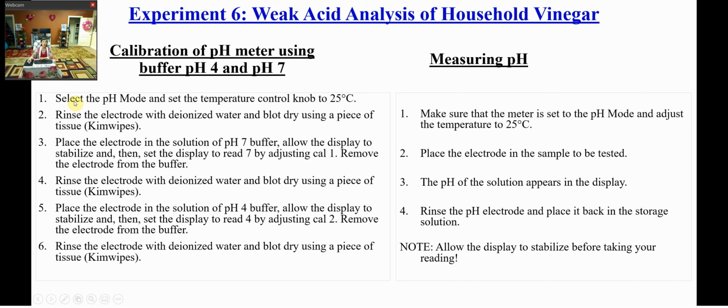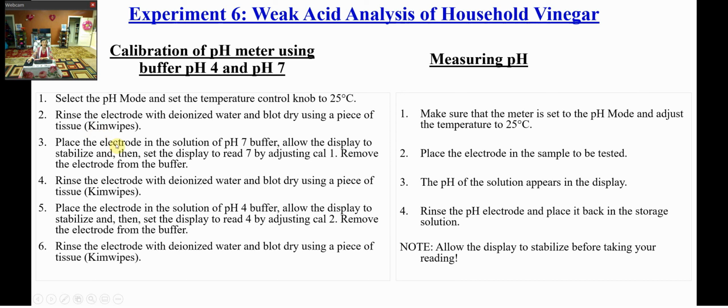You are going to do this. Number one, select the pH mode and set the temperature control knob to 25 Celsius. Rinse the pH probe, or the electrode, with DI water, deionized water, and blow dry using a piece of tissue such as Chem wipes.